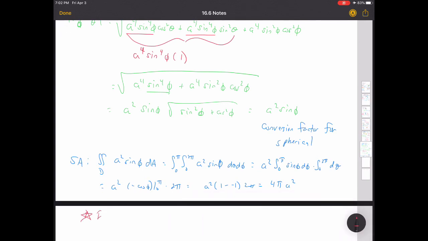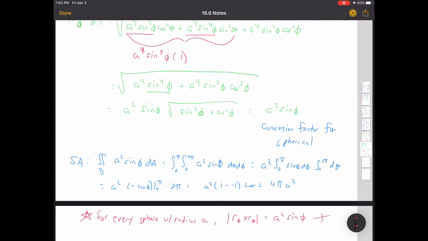For every sphere with radius a, the magnitude of r sub phi cross r sub theta is always going to be a squared sine phi.